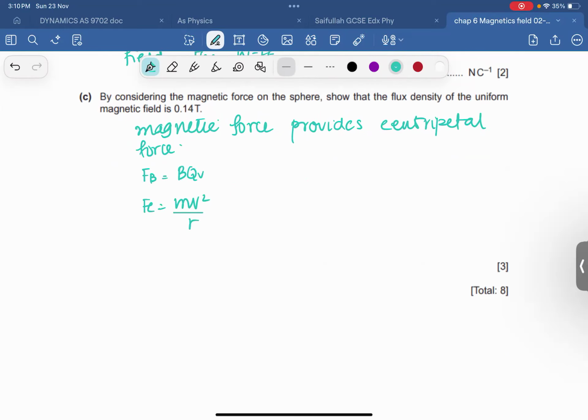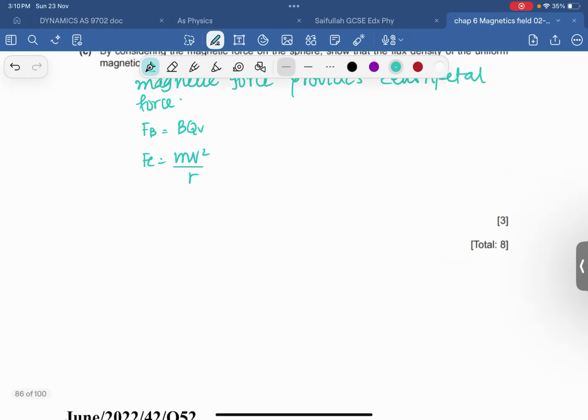Applying those, FB is equal to mv square over r, then BQv is equal to mv square over r.